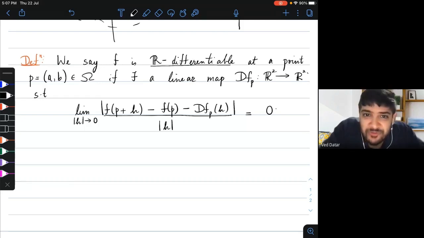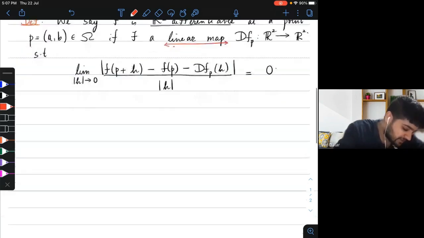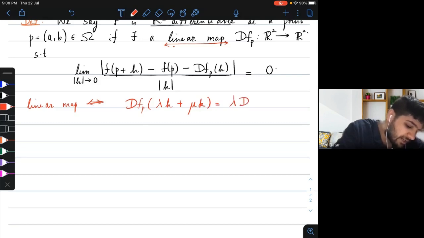I hope all of you are familiar with linear maps. What does the term linear map mean? It just means that if you take any two vectors h and k, then the image of a linear combination is given by lambda times df_p of h plus mu times df_p of k.